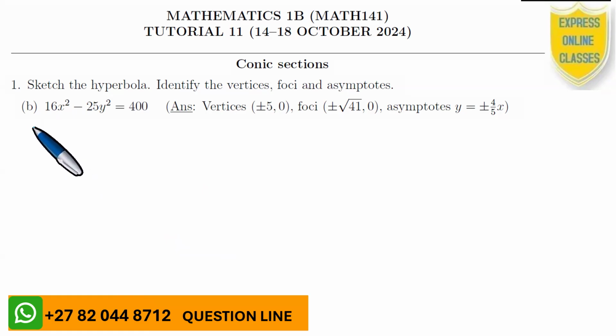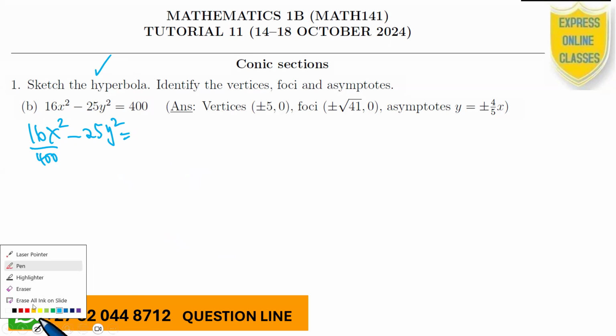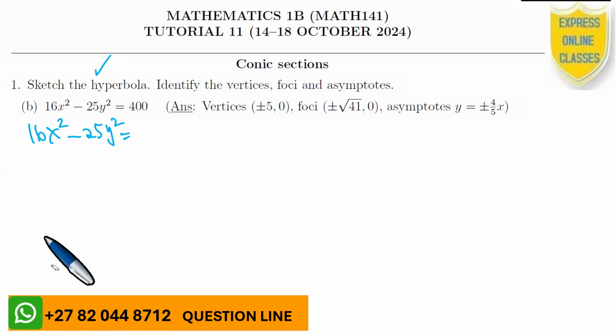To look at this one now, you need to sketch it. 16x squared minus 25y squared, equated to 400. Then you divide by 400.